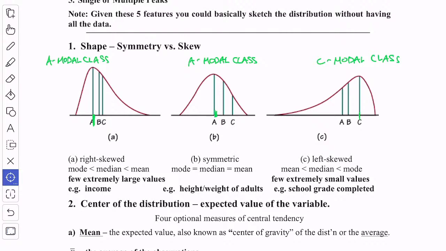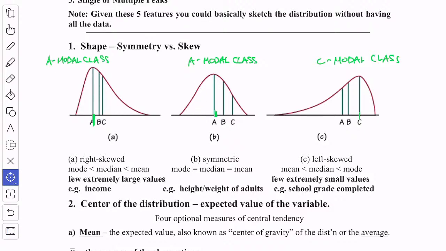In the symmetric distribution, you see the modal class also coincides with the balancing point of the distribution. If I was to put my finger here, I would be balancing the values and the amount of them on this side with the values and the amount of them on this side. So that area here is balanced by this area, the value and the amount of them.